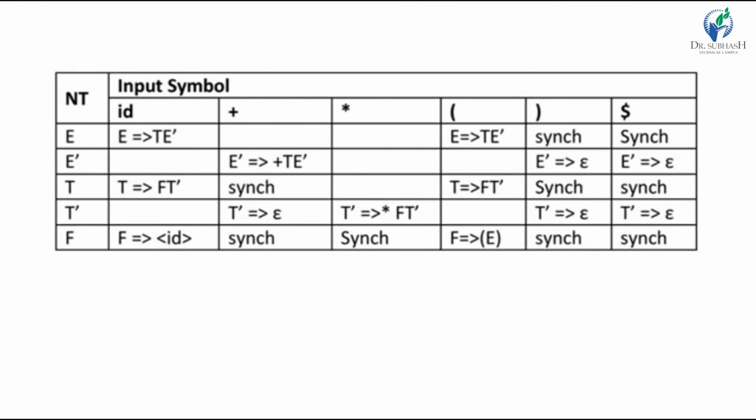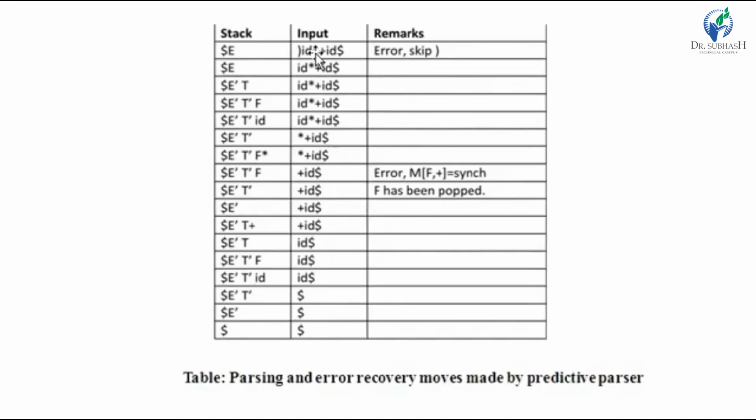Now suppose you have an erroneous input like closing bracket ID star plus ID dollar; this is your input string. The stack has dollar E, where E is your starting symbol. Now for E with closing bracket, you have no production, so first error: skip the closing bracket.